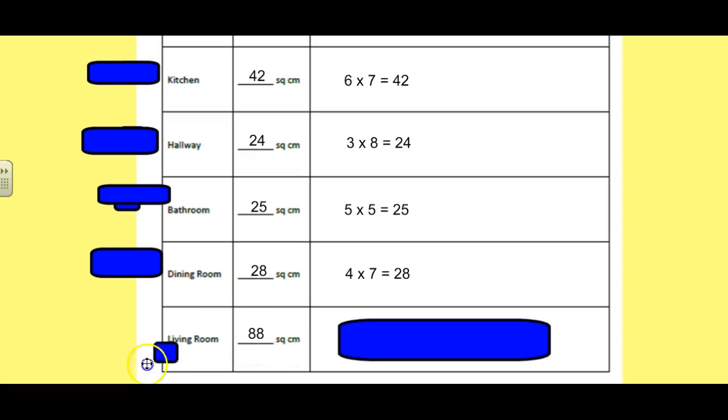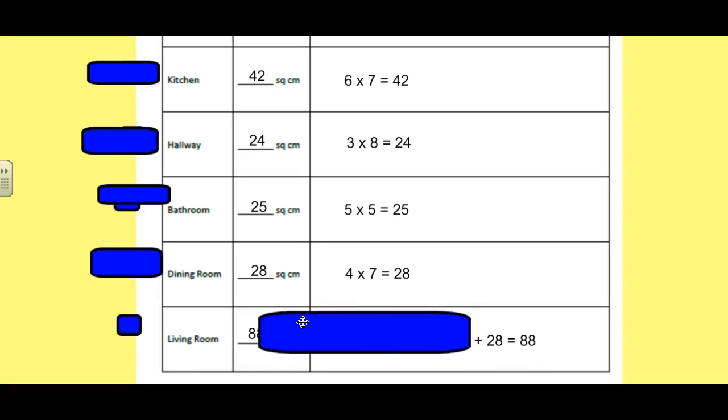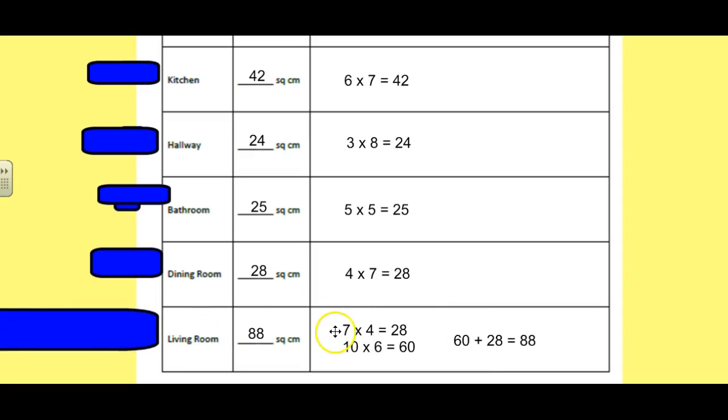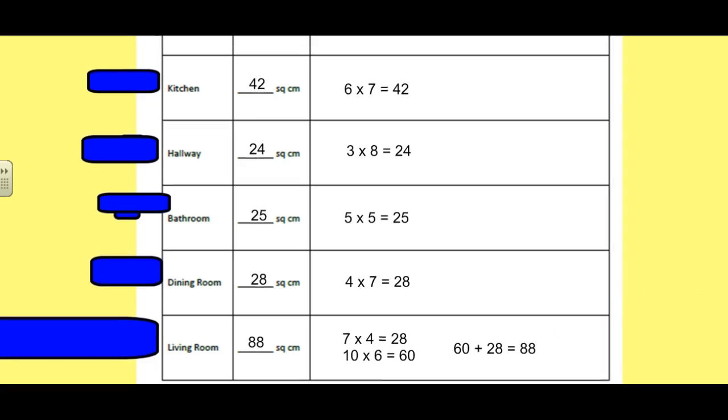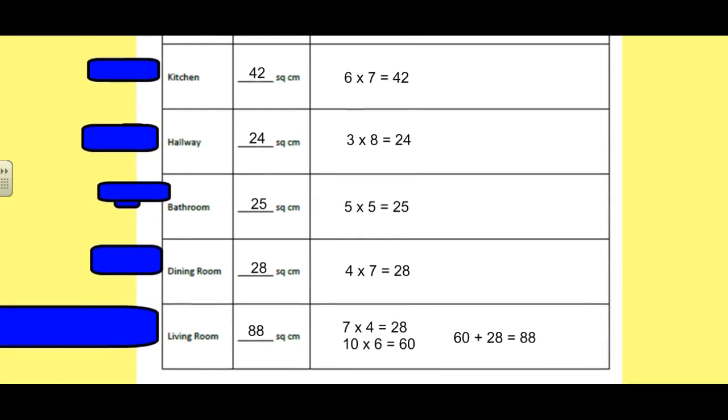And the living room had an area of 88 square centimeters, and the equations I was looking for were 7 times 4 equals 28, and 10 times 6 equals 60. And then I was looking to see that you added 60 and 28 together to give you 88. So if you need to correct anything on your paper, make sure you're doing that before we are moving on.